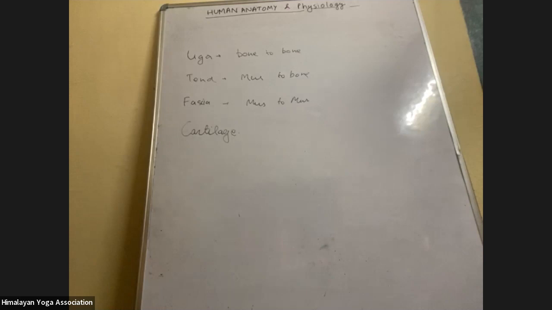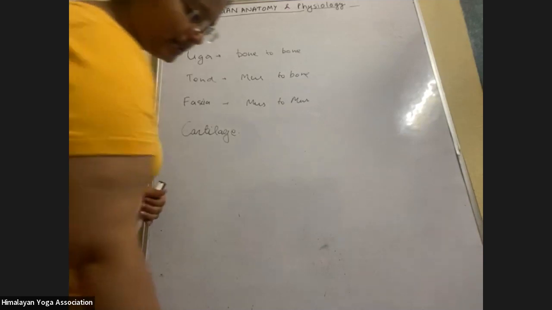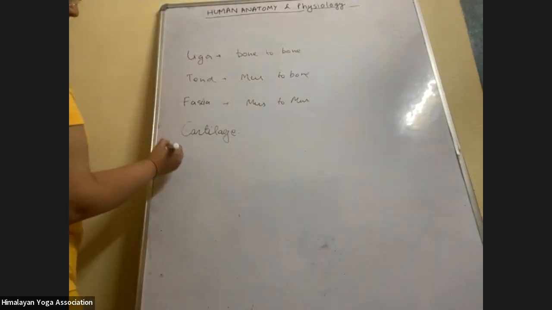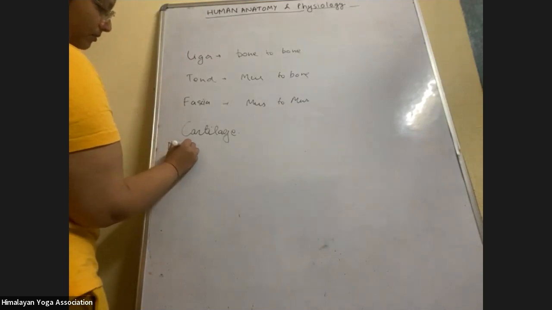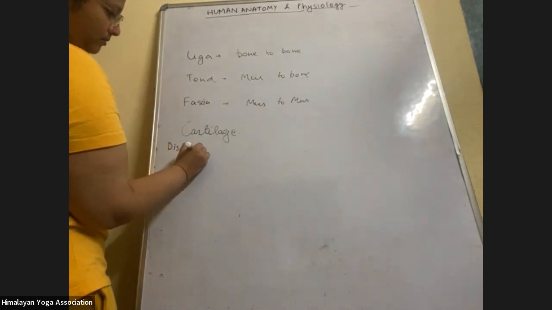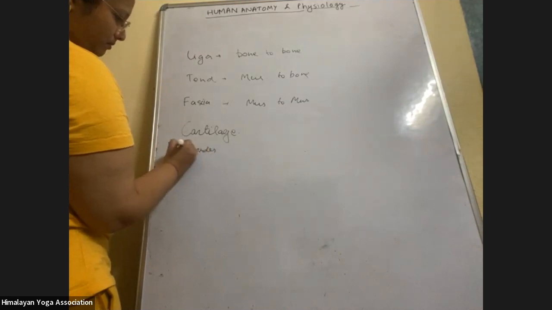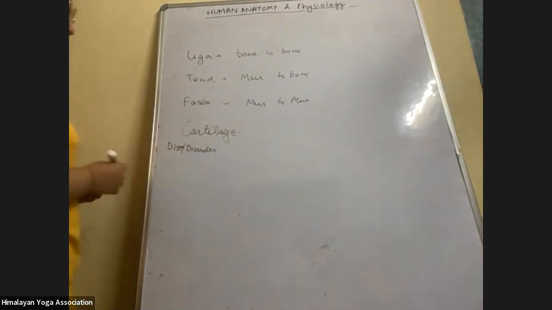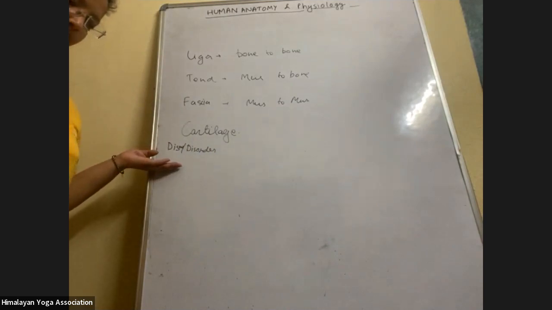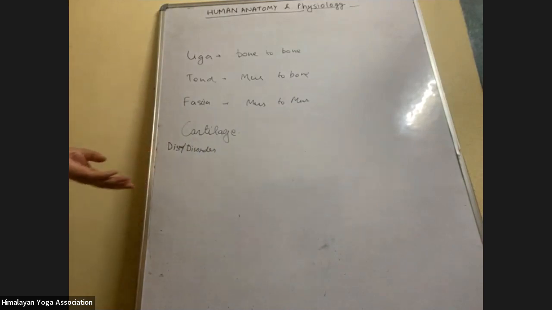Okay, so next is diseases and disorders. We were doing this yesterday, but could not finish it. In this, we have arthritis and osteosarcoma. We already discussed arthritis.